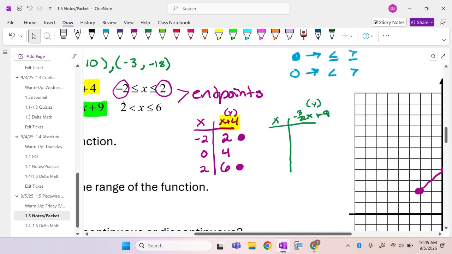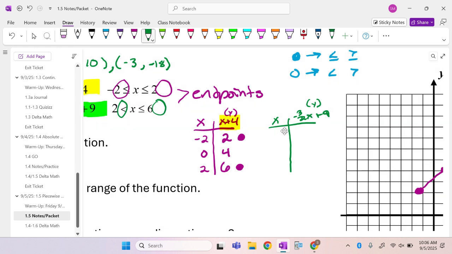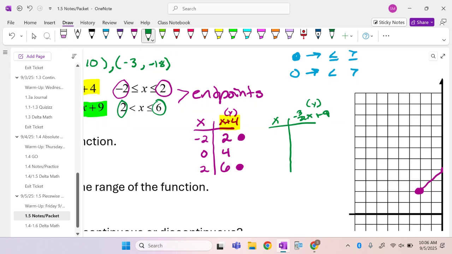And I'm going to use the two x values in the inequality as my endpoints. All right. So I'm going to use 2. And I'm going to use 6. And then I'm going to pick one more point.